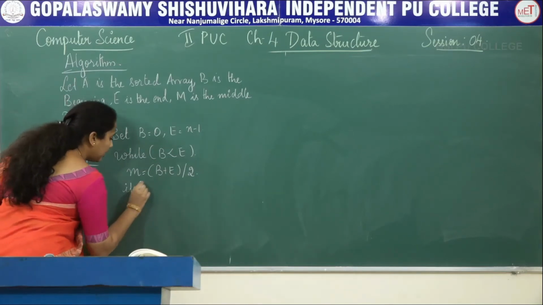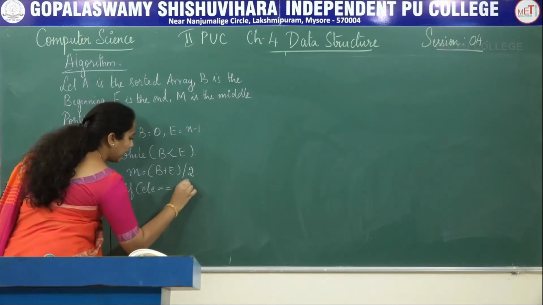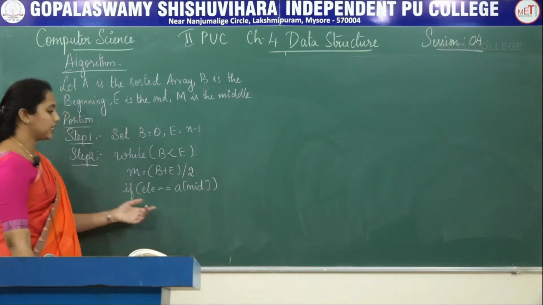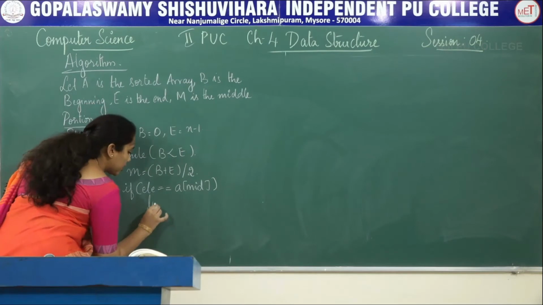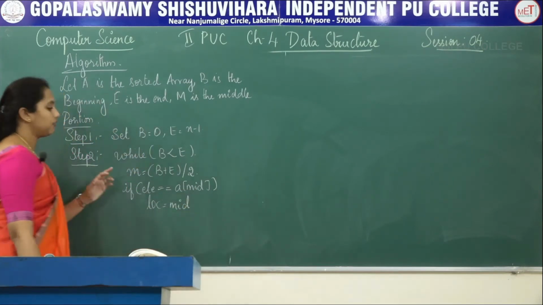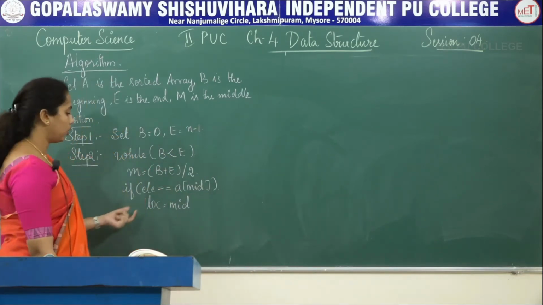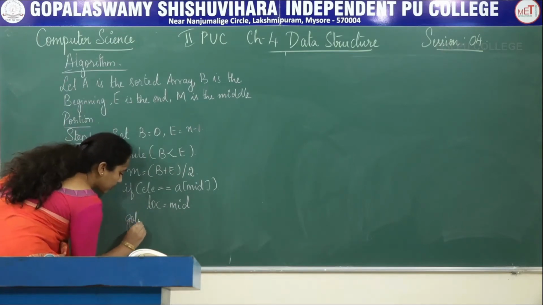If element is equal to A of mid, then location is equal to mid. If the element is equal to the middle element, then the location is equal to the middle element. Go to end.